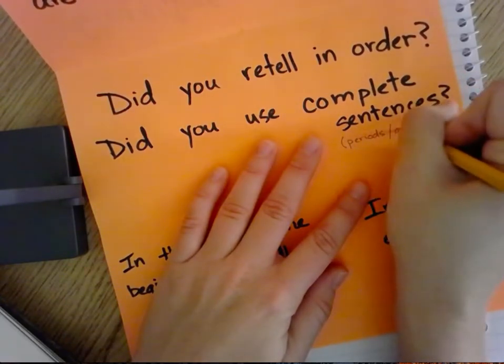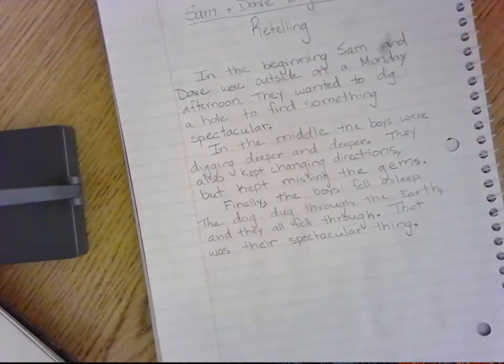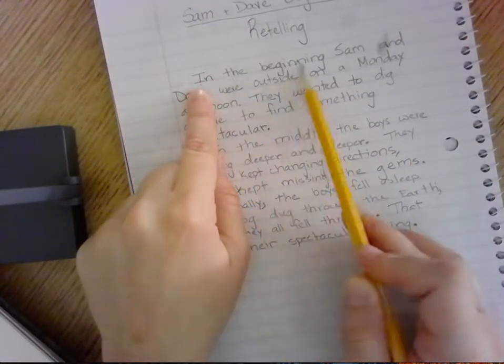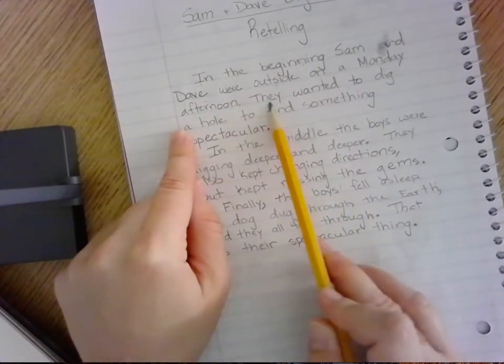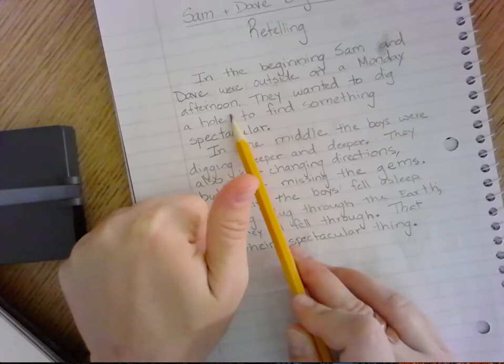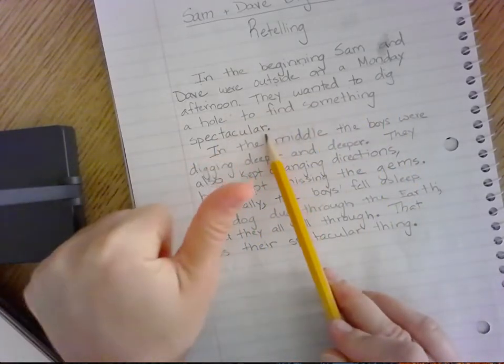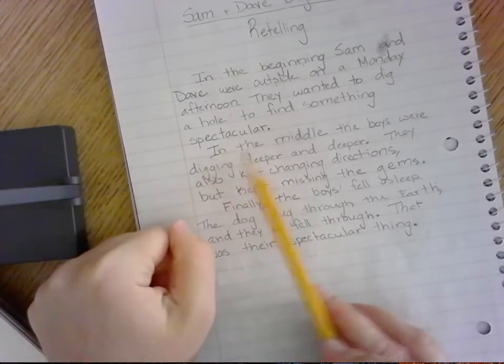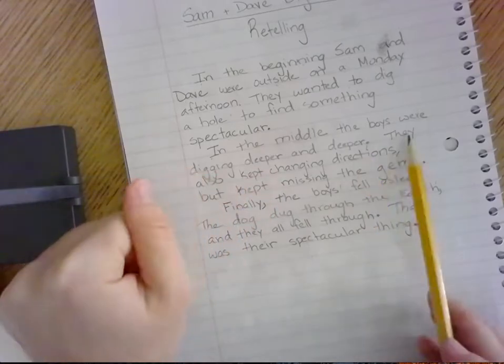I always like to check my periods and capital letters when I finish because they're really easy to just check fast. In, yep, capital letter. Outside on Monday. Capital letter, period, got it. Find something spectacular, period, got it. Capital I, in the middle, the boys were digging deeper and deeper, period, capital letter.